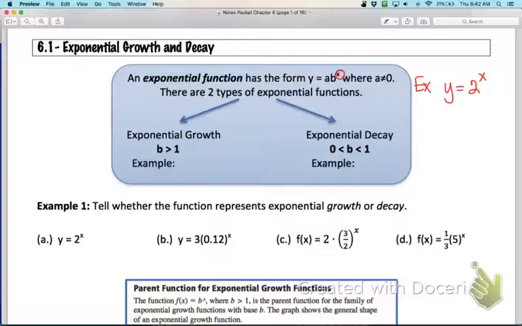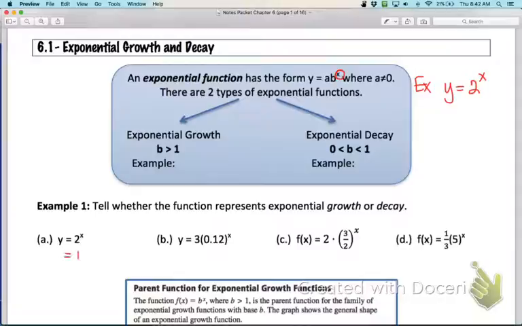It can be exponential growth, which means it's getting bigger, or it can be exponential decay, which means it's getting smaller. When we look at this, if the b is bigger than 1, that's what makes it growth. And if the b is between 0 and 1, that's what makes it decay. We only look at the b part. So for example, if we look at these down here and try to decide which is which, this says y equals 2 to the x.